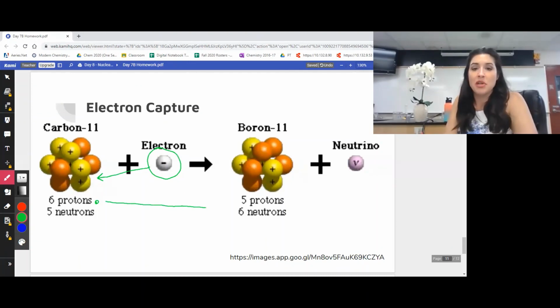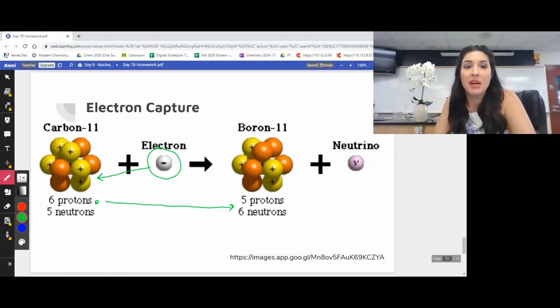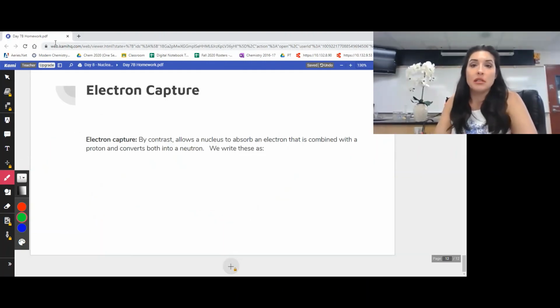So one of these protons becomes a neutron, and you're left with an atomic number that is one smaller. So the way that we write an electron when we're writing a nuclide notation is to start with a lowercase e. It's negative, so it doesn't have any protons down below. It has no mass, so I put a 0 up above.